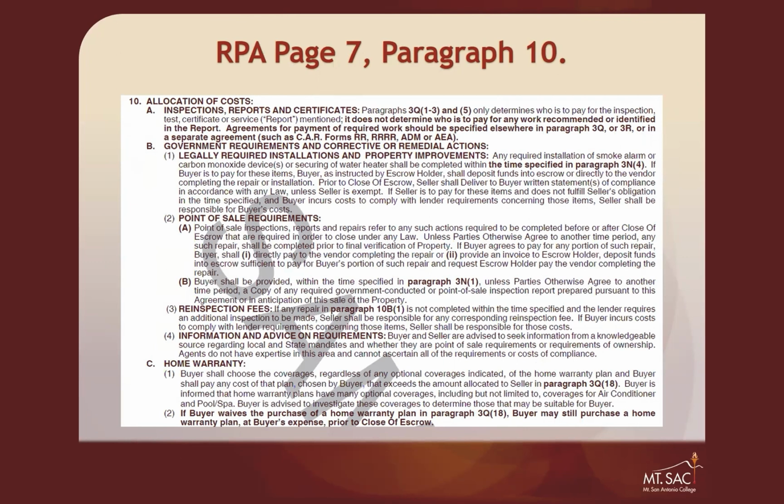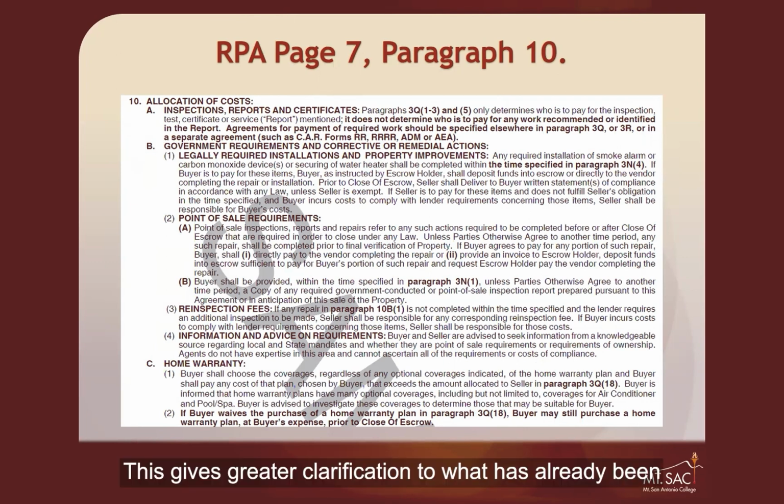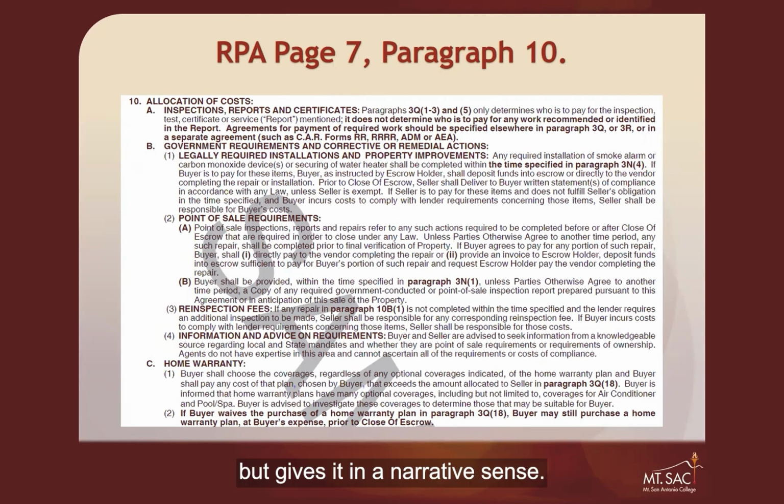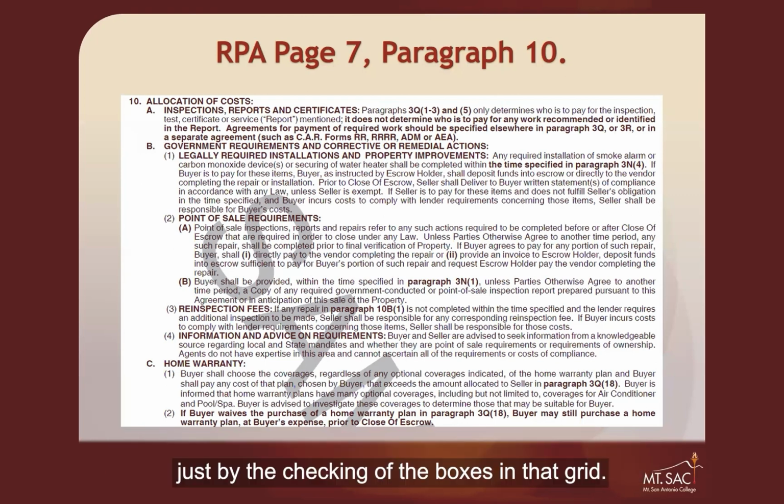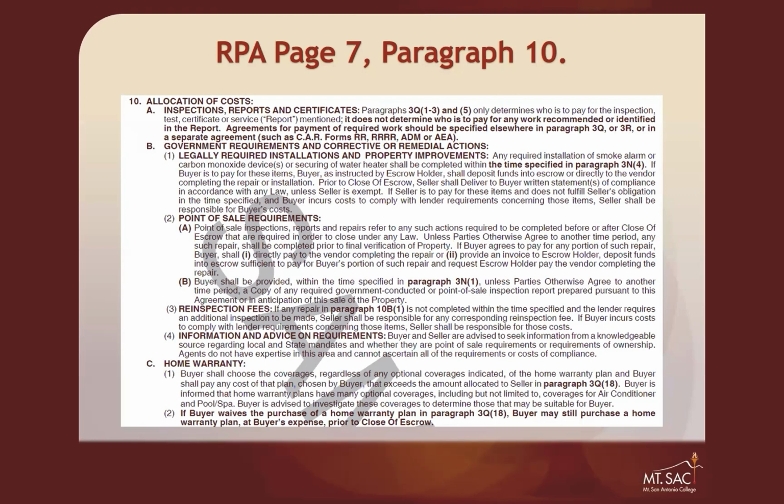Again, this gives greater clarification to what has already been negotiated and agreed upon by the buyer and seller, but gives it in a narrative sense, so there's no question as to what is or what is not meant in paragraph 3. And that's the key. While we all pretty much understand what paragraph 3 means just by the checking of the boxes in that grid, this gives further clarification to it.